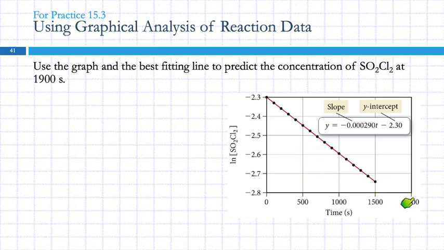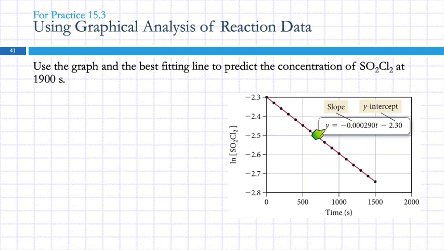So the line doesn't actually go that far, so we can't just pick a point on the line. We can't just read it off the graph. Reading it off the graph is not very accurate anyway because there's not any great division lines there. It's just kind of iffy. What we want to do is use the equation for the line.